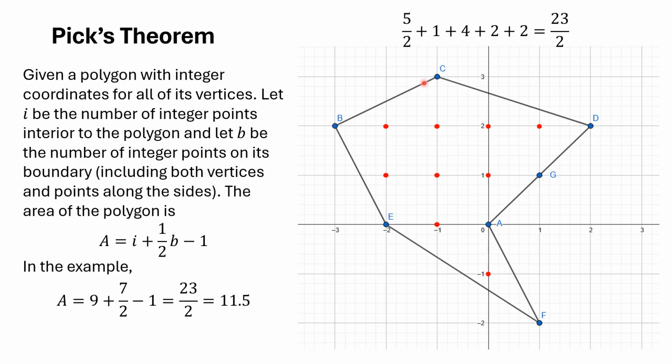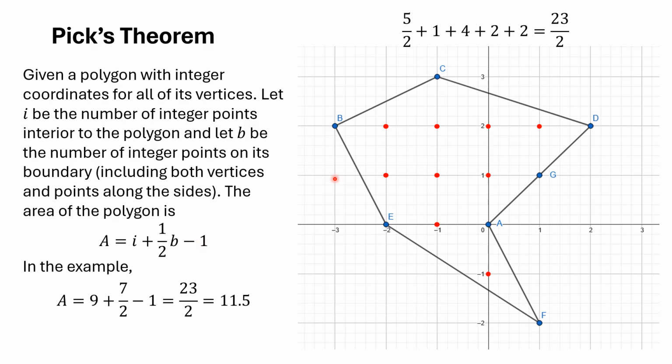So the vertices have to be, by the condition of the theorem, integer points, lattice points. And then sometimes when you're crossing between two vertices, you'll hit another lattice point, and here we see it's 1, 1, so we have to include that in our computation of B. And then in that case, the area of the polygon is I plus 1/2 B minus 1.